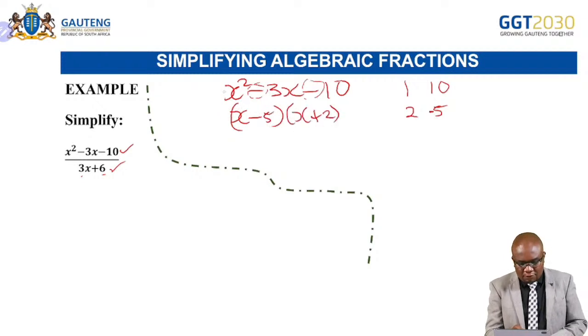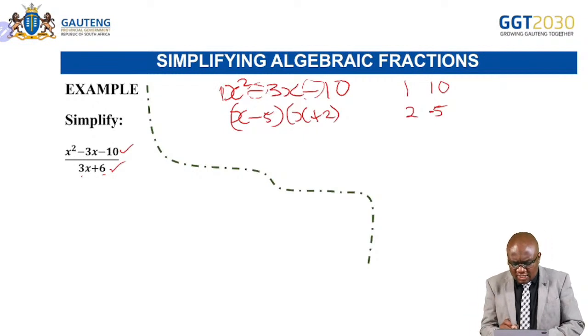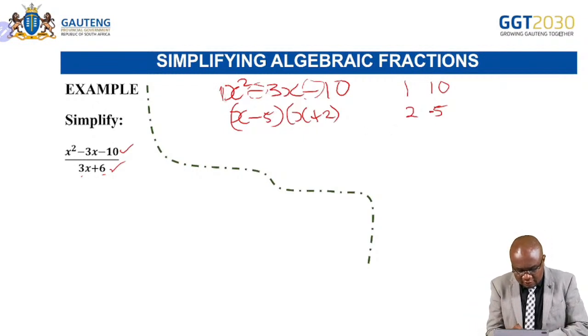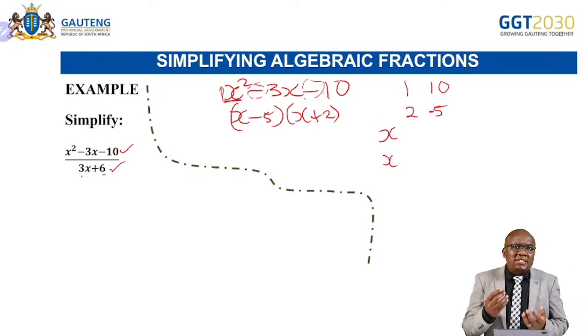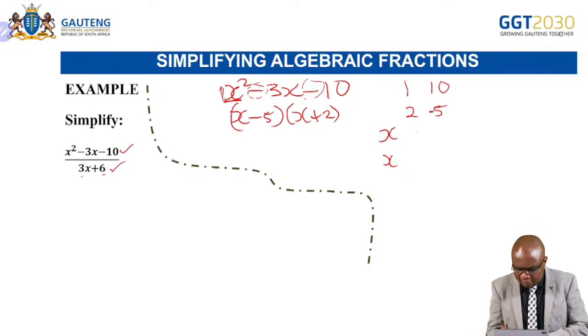Remember, the coefficient of x squared is 1 here, so we don't need to do the long thing. Okay, some people use this. You say x, first term, x, and then x. And then the second term I can check, trial and error checking. What could be the factors here? It can be minus 5, it can be positive 2, like we have here.